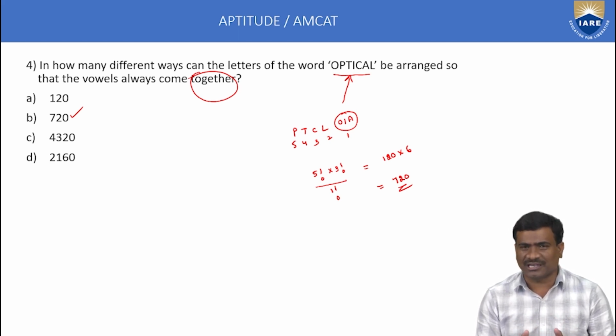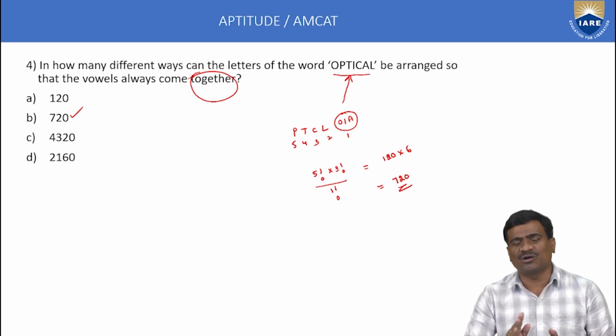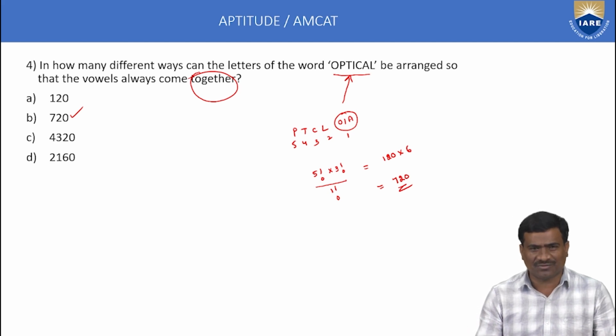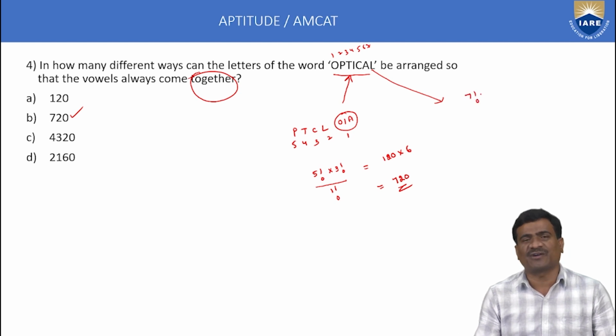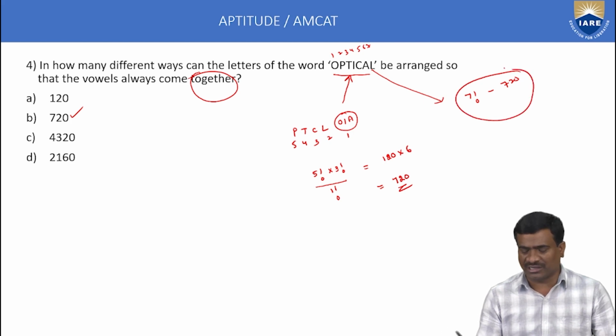Never together is equal to the total number of arrangements minus vowels always together. In this example, count the total number of letters in OPTICAL: 7 letters arranged is 7 factorial. Minus vowels always together, that is 720. 7 factorial minus 720 gives the do-not-come-together or never-together answer.